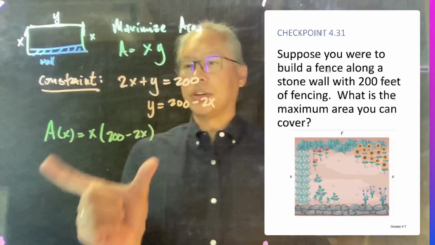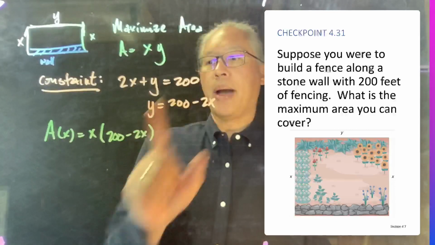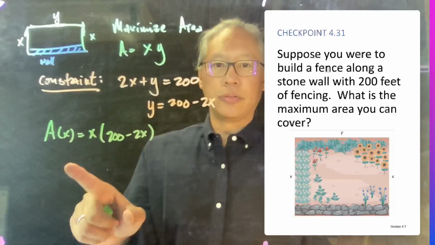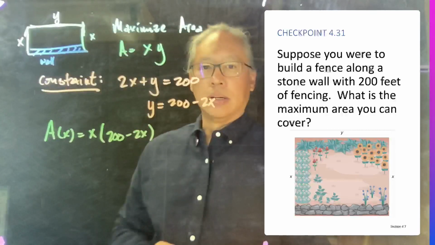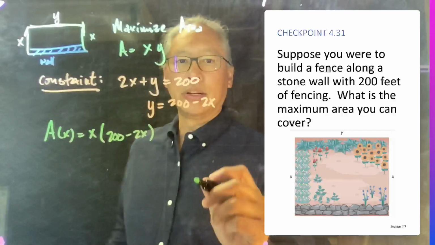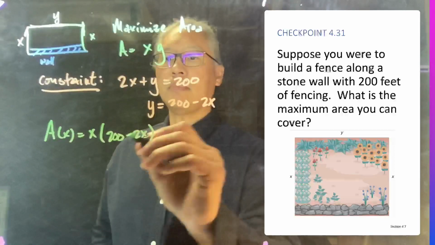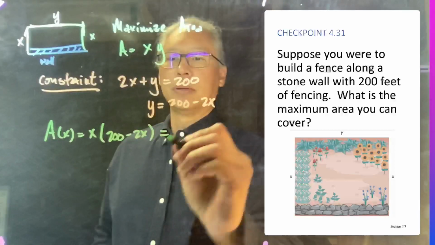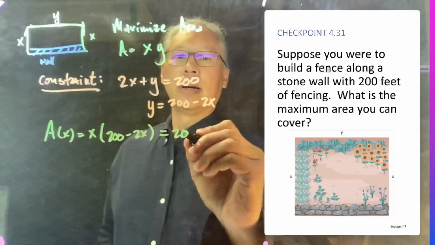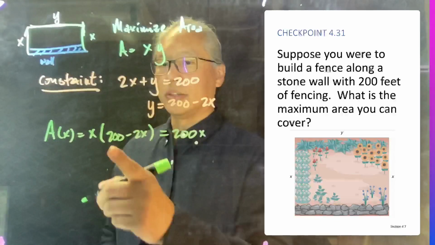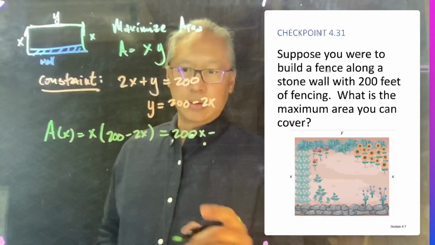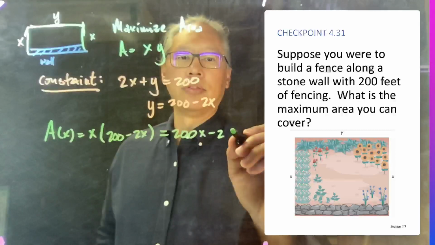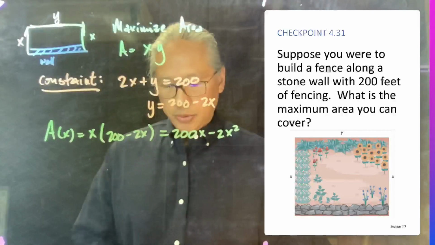Now we have a function that we're trying to maximize, and it's a function of one variable, so we can certainly do the work that we need to do, like finding derivatives and things like that. So if we simplify this so that we can take the derivative a little bit easier, instead of using a product rule, we can just multiply out and take the derivative of a polynomial.